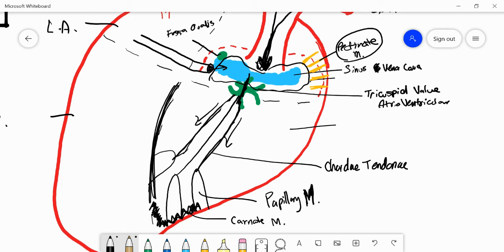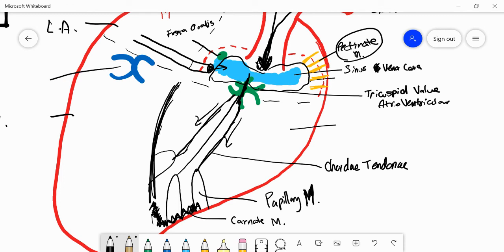When we look at the left, there's a few differences, but in general, it's the same. What we have in this case, I'll draw it in blue, is a bicuspid valve that's going to be on the left side of the ventricle. And this one only has two flaps controlling the valve, as opposed to the right side that has three.